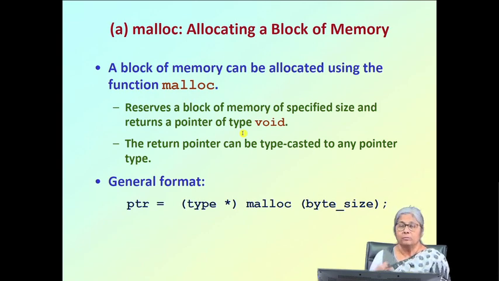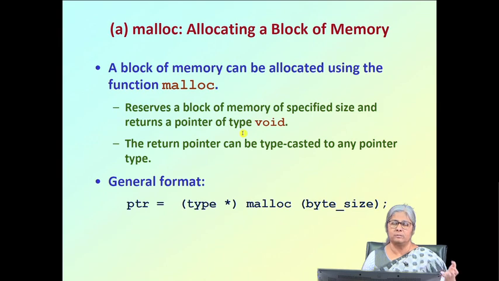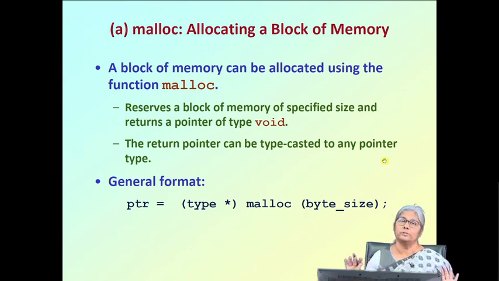Since void means no data type is given, we can typecast the returned pointer as we require, depending on the array or the variables we want to store there. So, the returned pointer can be typecasted to any pointer type.